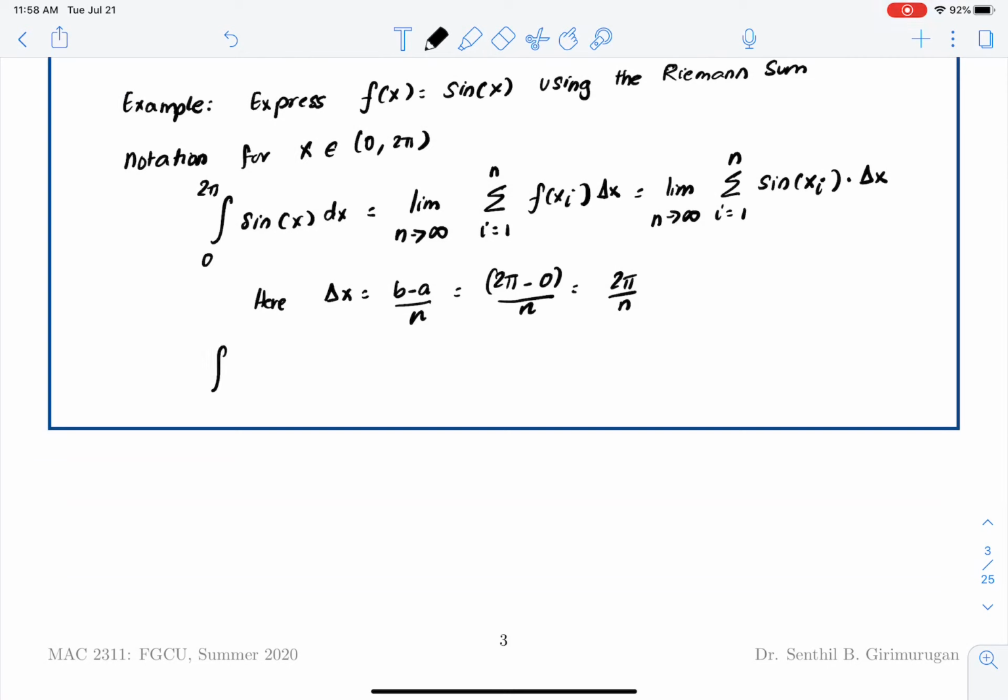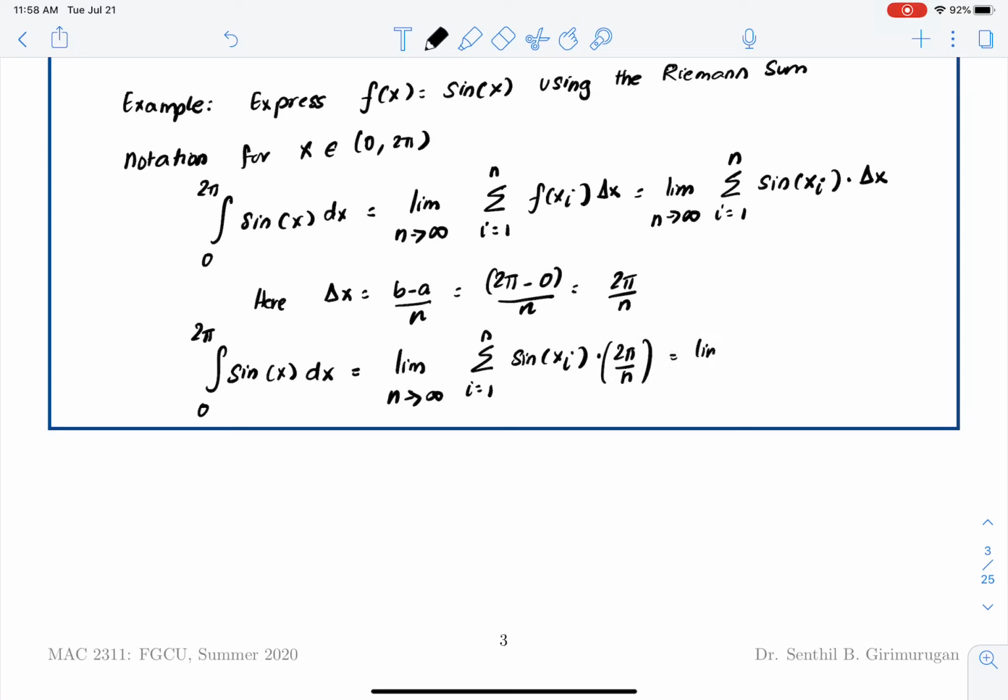So the integral from 0 to 2 pi of sine x dx in Riemann sum notation is simply the limit as n approaches infinity, sum i equals 1 to n of sine xi times 2 pi divided by n.